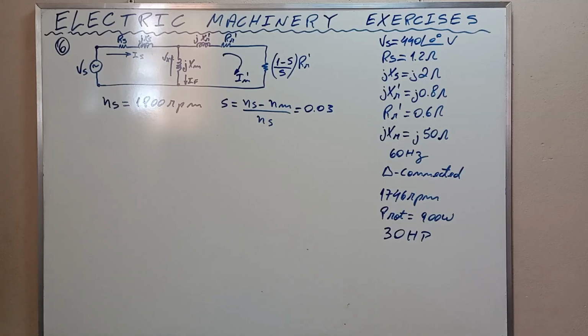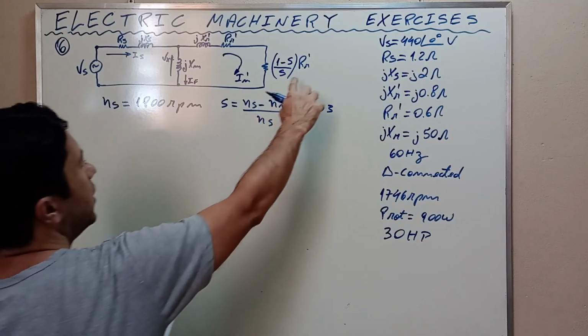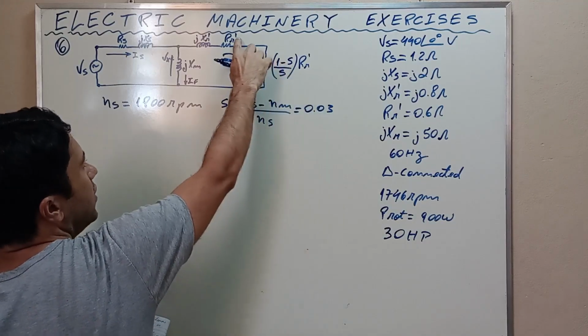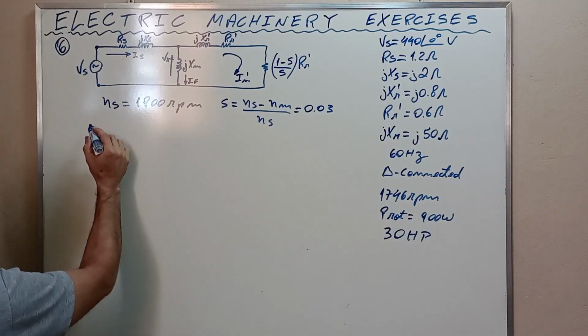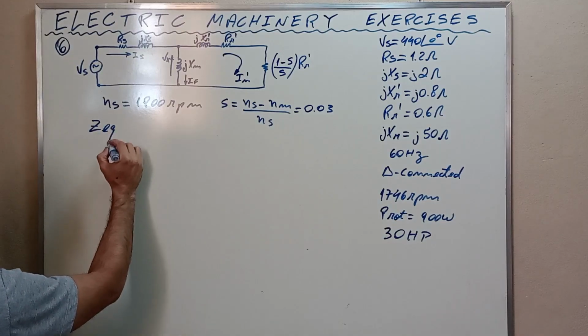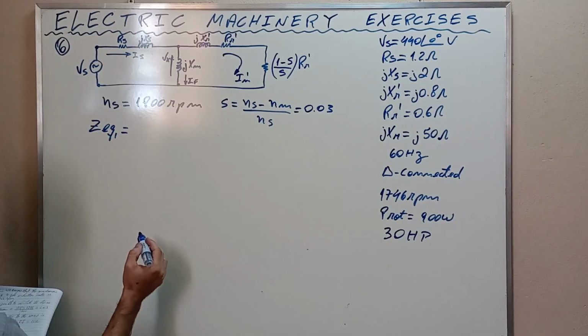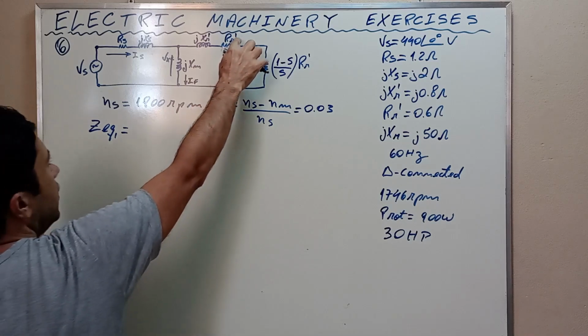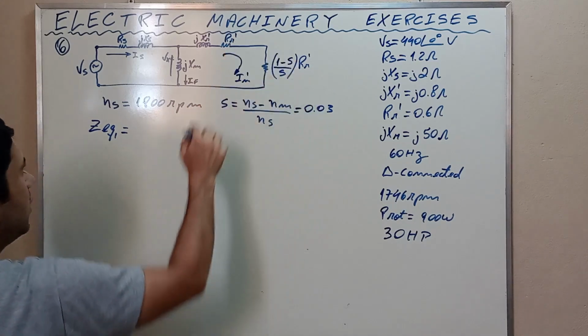Let's calculate the impedance seen by the source. We are going to work with equivalent impedances. Let's bundle these together and call it equivalent impedance number 1. It is going to be equal to this plus this.